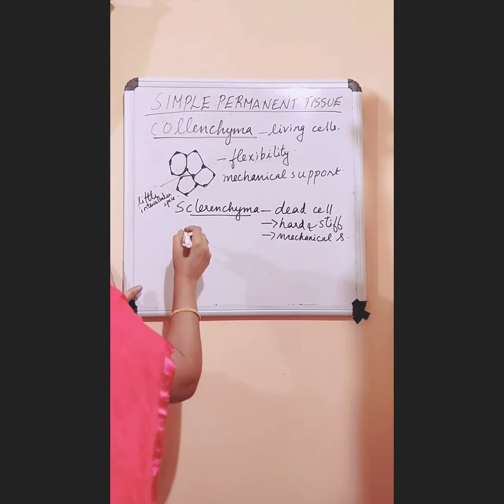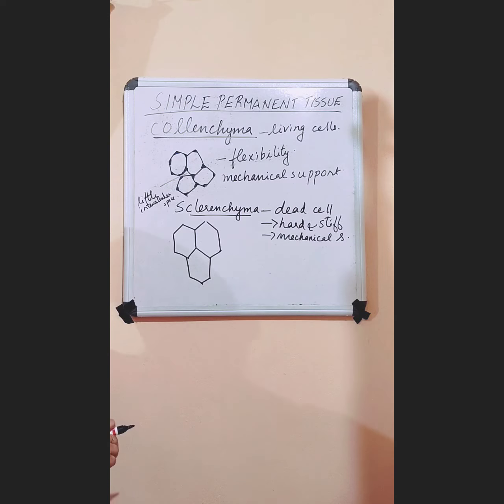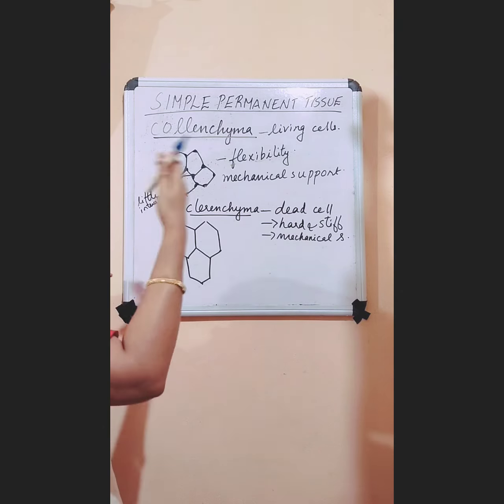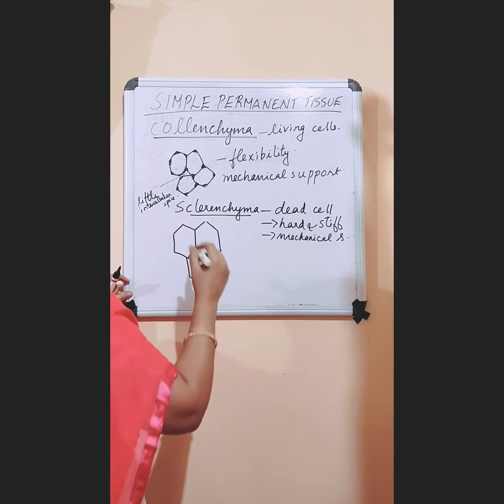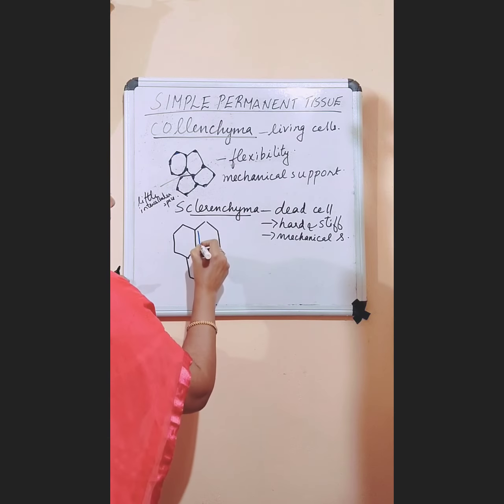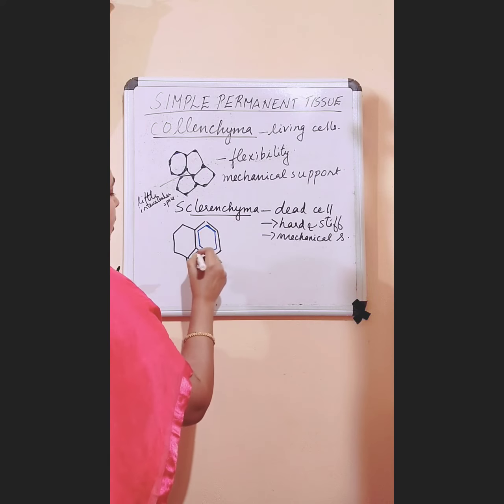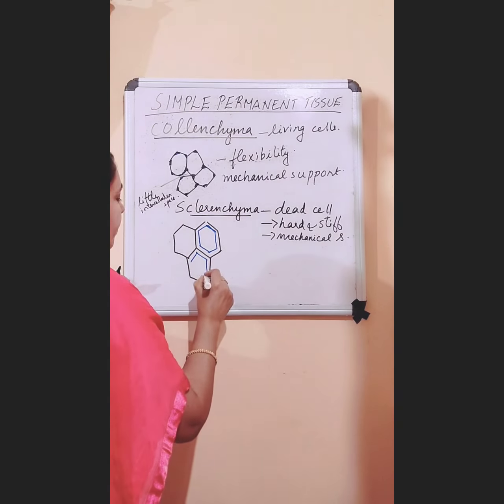When we look at the thickness, parenchyma was thin-walled, collenchyma is thickened at the corners, and sclerenchyma is thickened uniformly. Not only the corners, all parts are thickened uniformly.